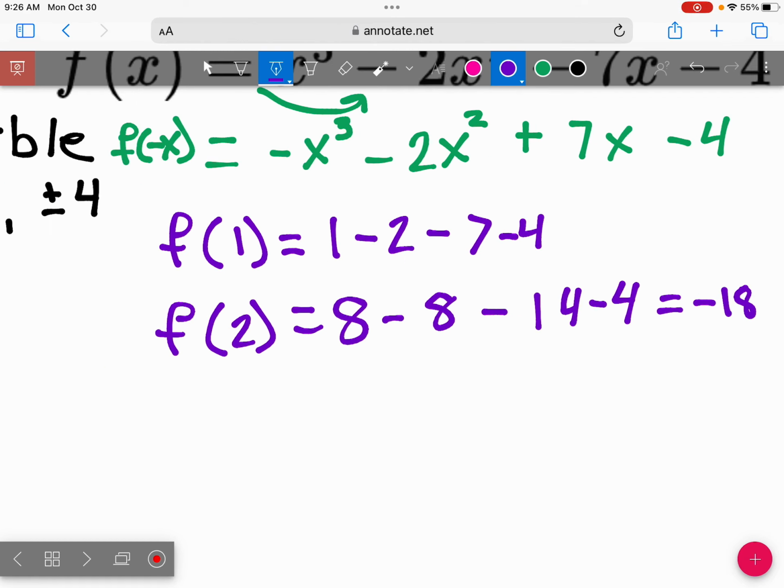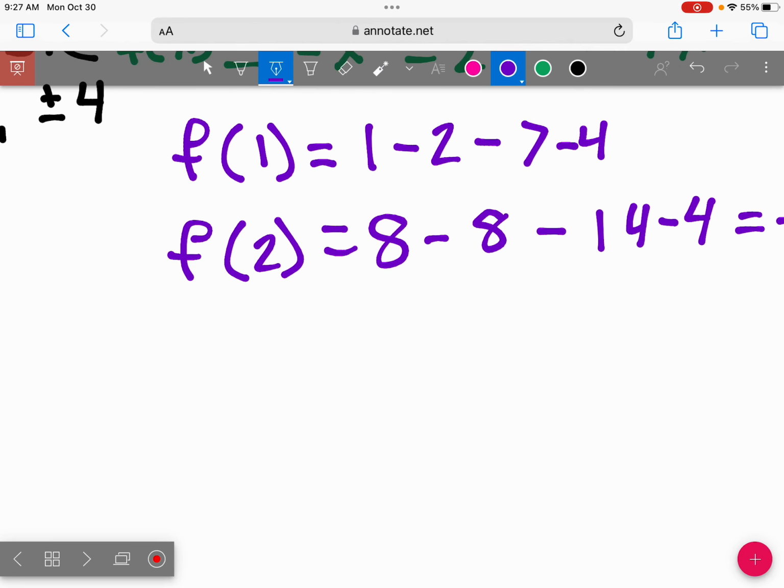Okay, so I know it's not positive 2. What else we got? 4. So let's do f of 4 and make sure it works. 4 cubed is 64.